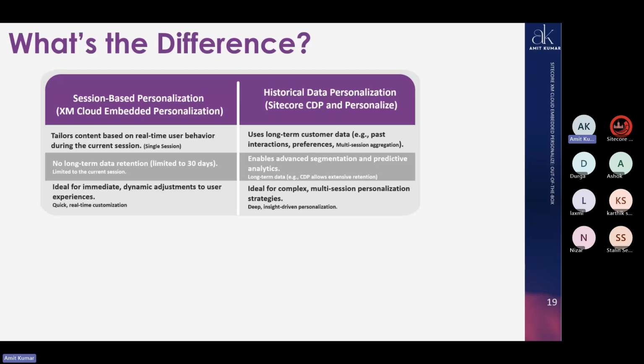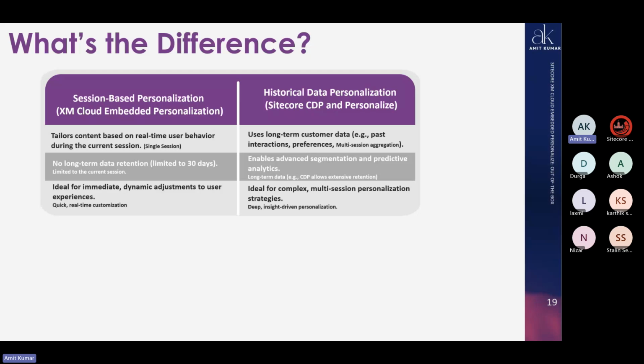In that scenario, you cannot utilize the embedded personalization, because you don't know about the purchase they made in the offline store or the hotel they booked. In those cases, you need to go with Sitecore CDP. When you buy goods at the offline store, you have a CRM system, and that CRM system needs to push the data to the CDP.